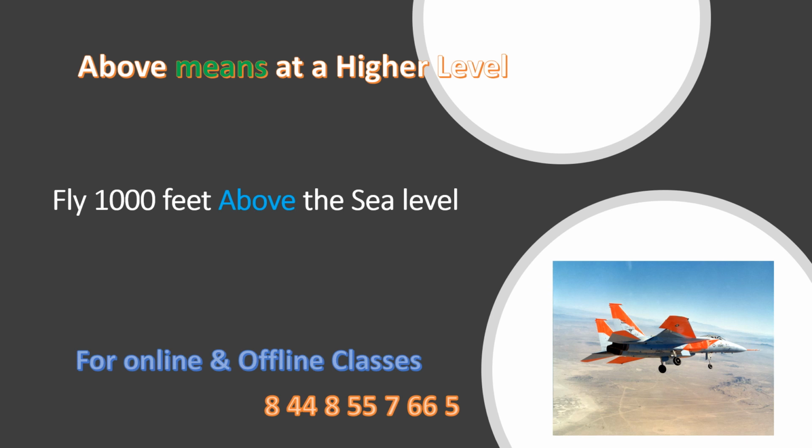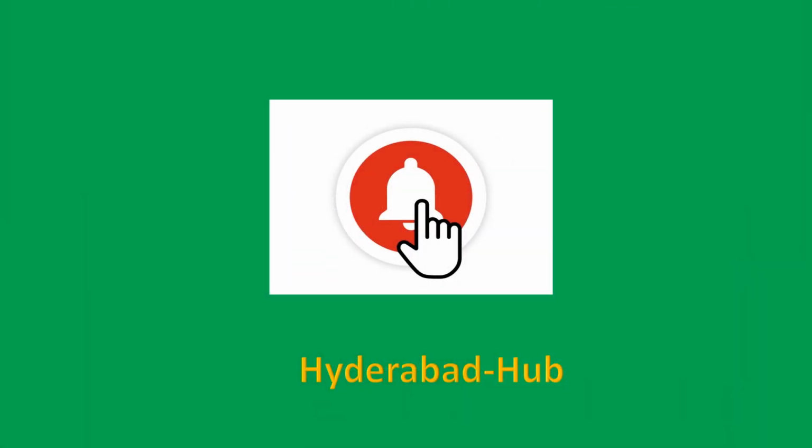Above has some unique usages which over doesn't have, and vice versa. So it is important to know how we should use above and over in the right way in writing or speaking English. I will continue to explain some more usages in my upcoming videos.